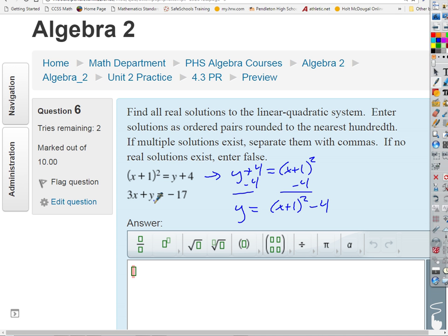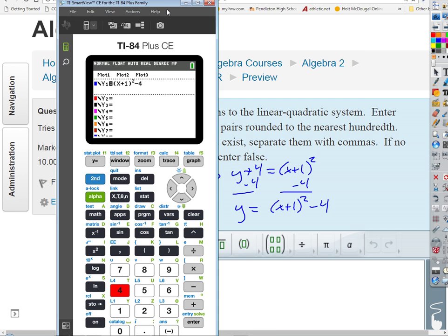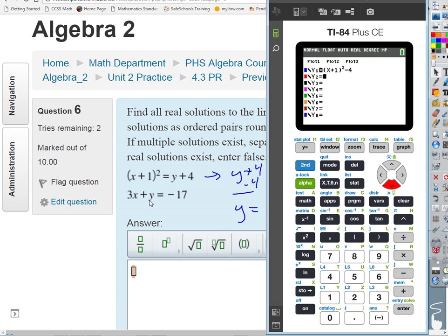So if I graph the quantity x plus 1 squared minus 4, because that's what y1 was, and I isolate y in the bottom equation, remember how we did this last time, I start with a negative 17 on the right side, subtract 3x, and then divide by 1, which doesn't change anything.